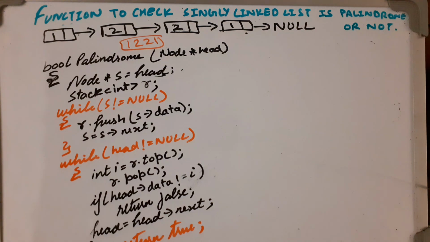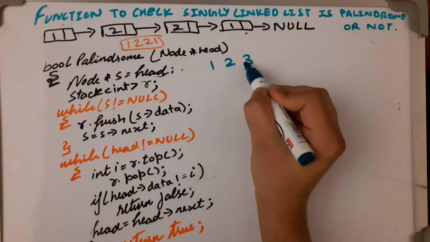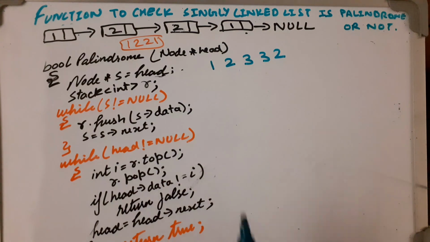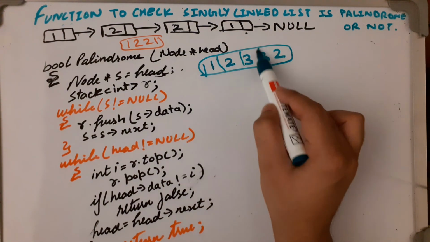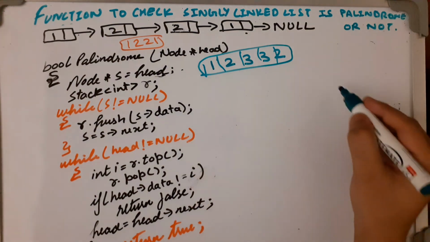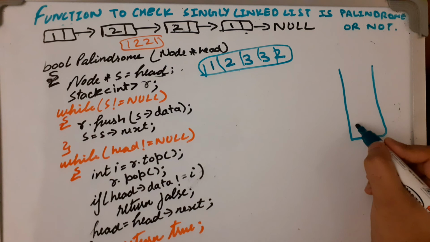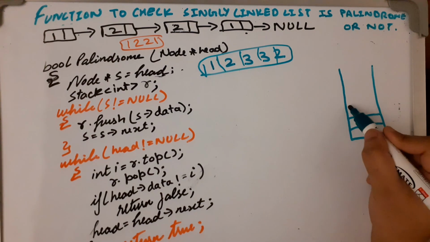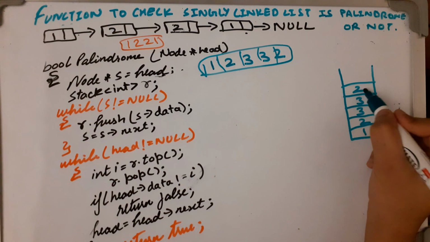Now let me explain how this program is working. Suppose in the linked list I have 1 2 3 3 2. Okay guys, now I'm putting these elements into the stack. The first element goes first, then 2, then 3, then 3, and then the 2 element.